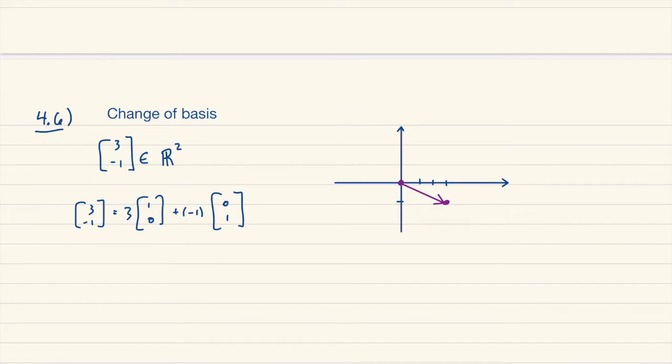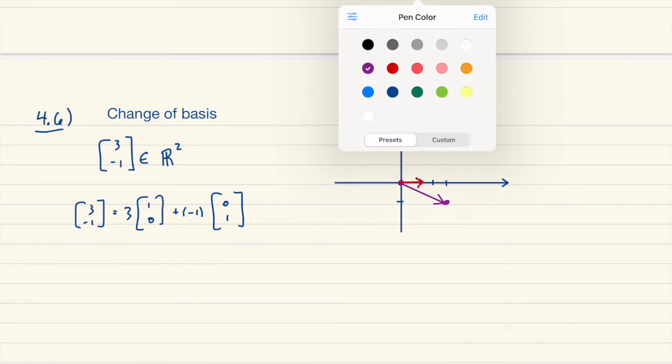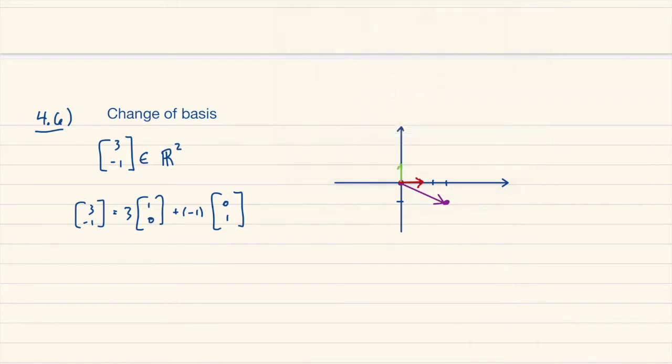Usually we call these i and j, or i hat and j hat. So we can think of this as a linear combination of i, which is the unit vector in the x direction, and j, which is, say, here. We can scale i by a factor of 3. That would make it there.